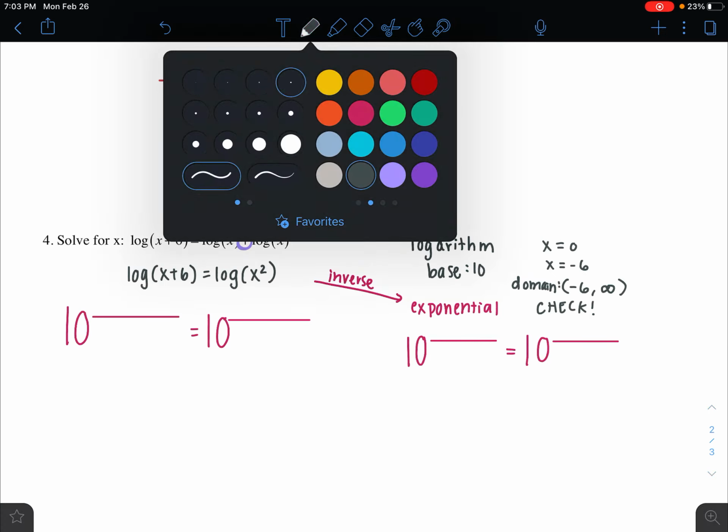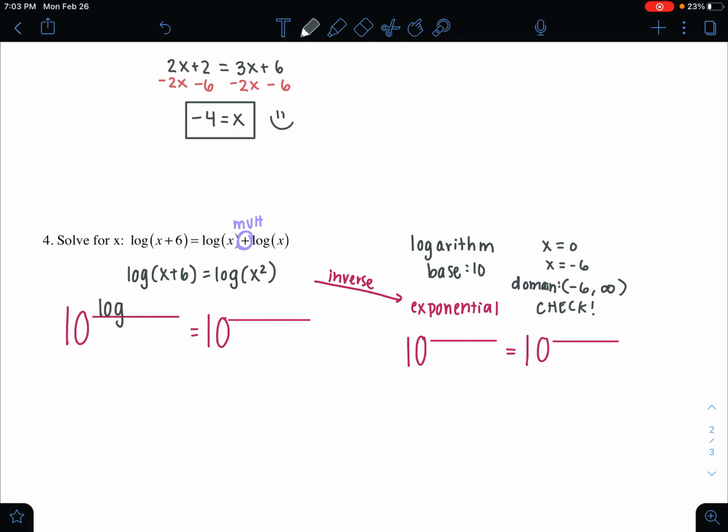And you're not just writing the x plus 6, you have to make sure to include the log. And that base of 10 here is assumed. So when the base of the log and the exponential match, they simplify out and you're left with the argument. And the same thing happens here.